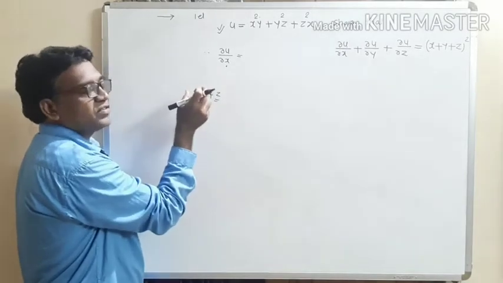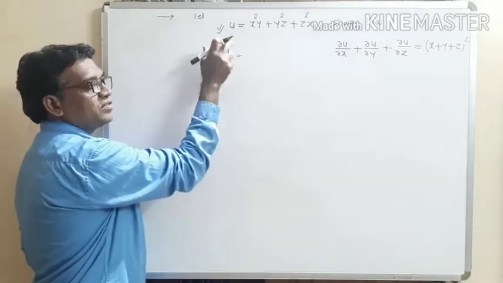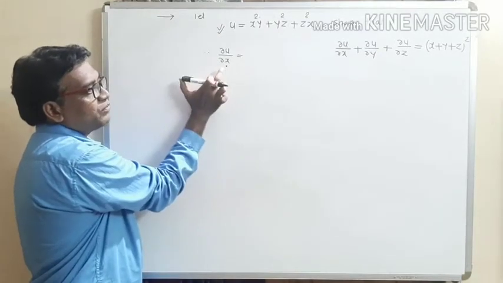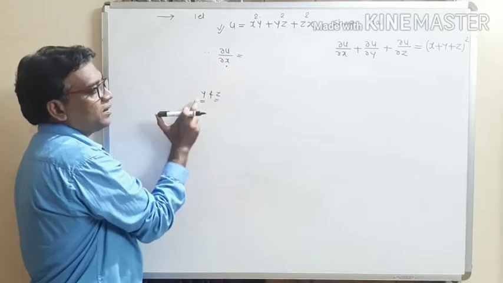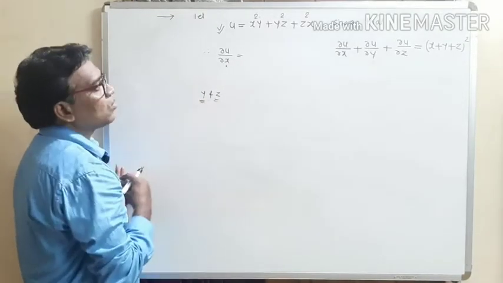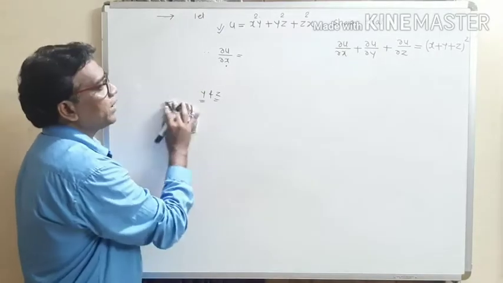What is the meaning of partial derivative? ∂u/∂x means differentiating u partially with respect to x by treating y and z as constant quantities. So let us keep y and z constant and just find the derivative of x only.